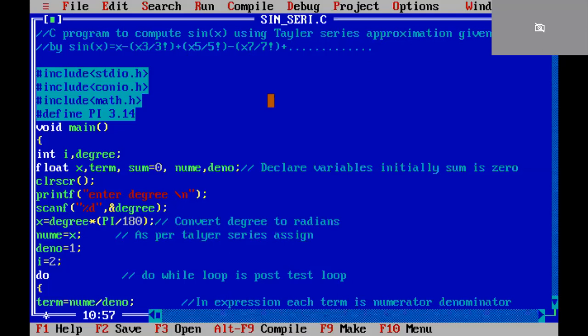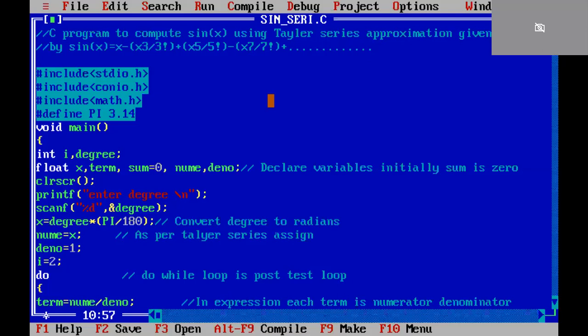The sine x is given by x minus x to the power of 3 by 3 factorial plus x to the power of 5 by 5 factorial minus x to the power of 7 by 7 factorial. The series continues. Here, as I said, it is a collection of terms. Each and every term is denoted by a circle I put in the equation; these are all called terms of the equation. And you can observe in the numerator, it has the x factor, which is incremented by 2.